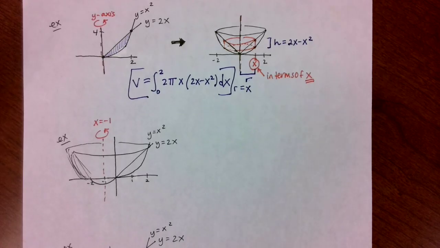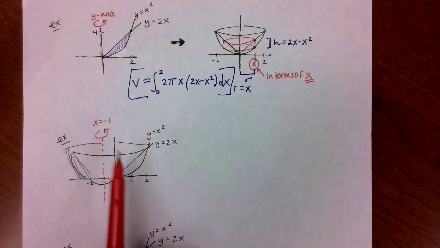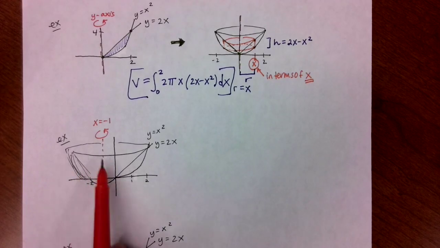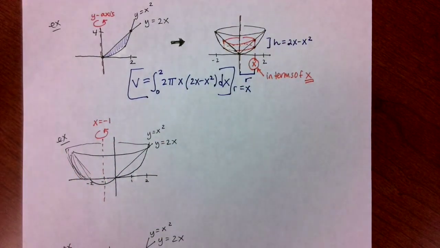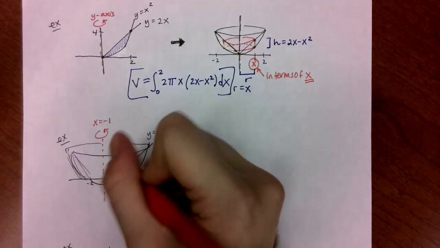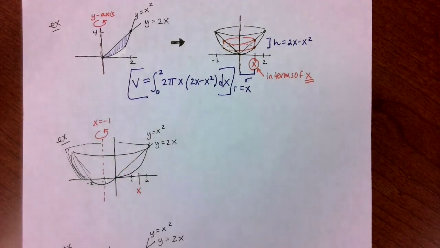So this is a good one to practice our sketching the shell on. I'm going to pick an x value. So I know the tubes should go this way because my axis of rotation has to go straight through the center of the tube. So I know an x value will set the right edge of one of the tubes. So I'm going to pick an x value somewhere between 0 and 2 for this one.